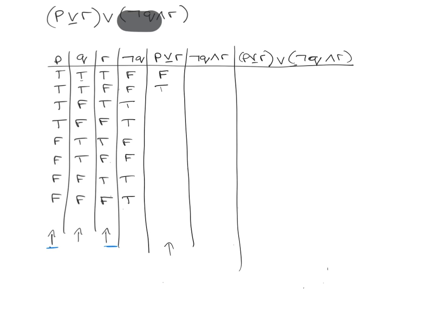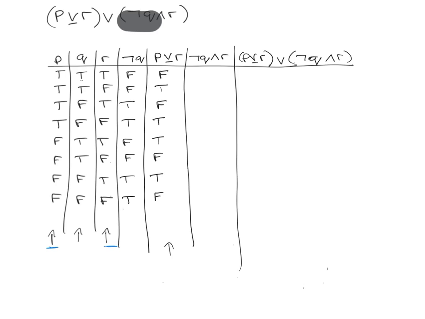Third line, P is true, R is true, so that's false, because there can only be one. P true, R false, so there's only one true. P false, R true, only one there. P false, R false, there aren't any trues, so that's false. P false, R true, so that's true. And they're both false, so that's false.